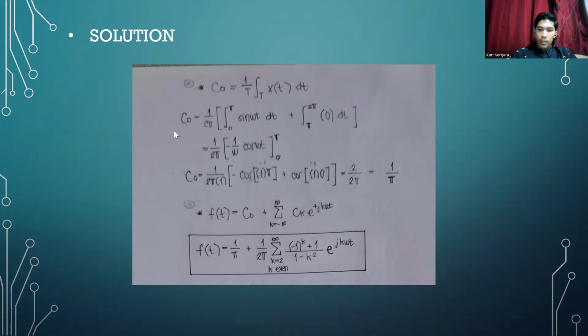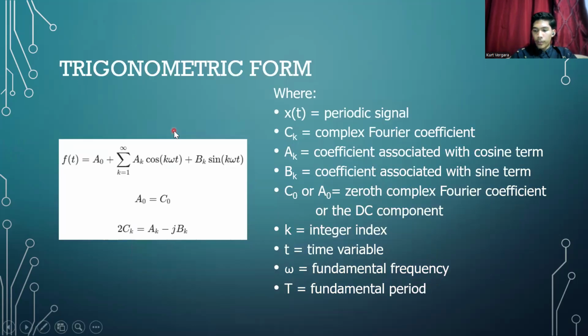Next, the trigonometric form. These are the formulas that we will use in solving the trigonometric form. First, we will get a naught and a sub k, then b sub k.